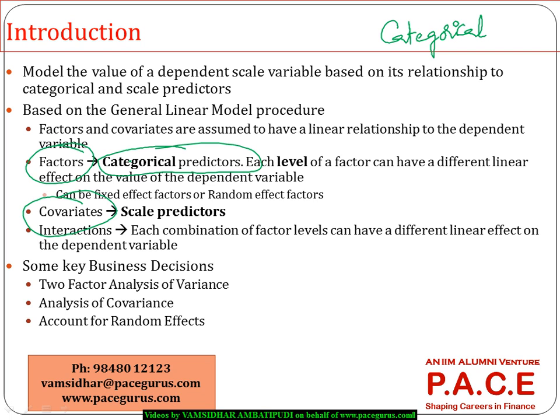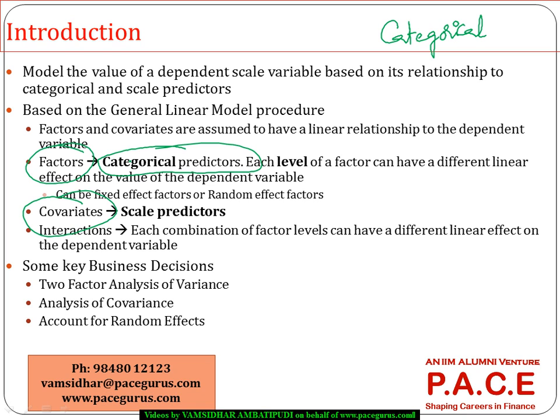But when I am considering a couple of scale variables along with categorical variables, then we would be looking at analysis of covariance and a few other aspects which we'll cover as a part of our next sessions.